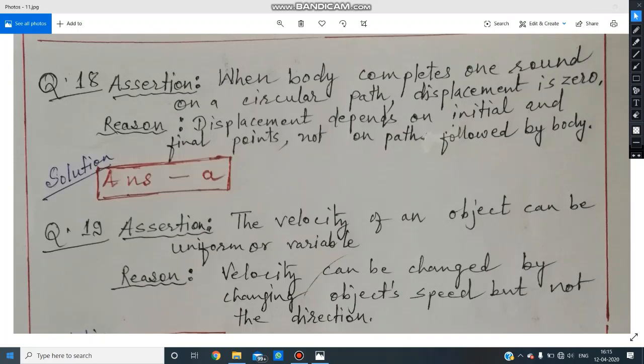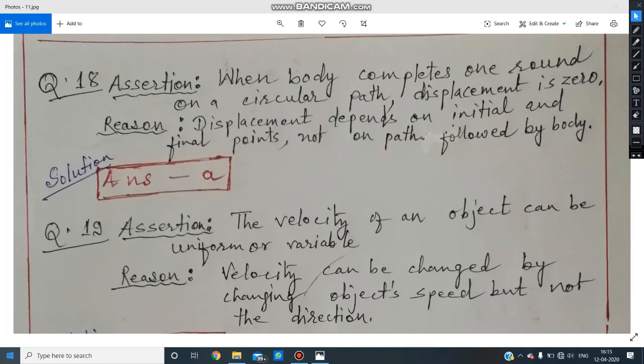What does it mean? Object's speed will be changing when it will be covering unequal distances in equal intervals of time. Obviously, in that case, we say speed is variable and we can say that velocity magnitude is also changing. But the remaining part of this reason statement says that it cannot be changed by the direction. In short, it has been written, but not the direction.